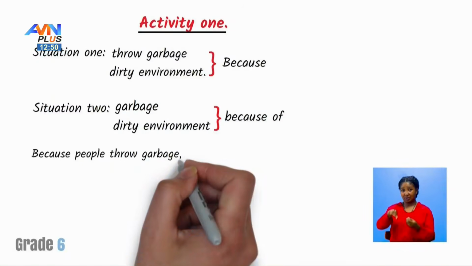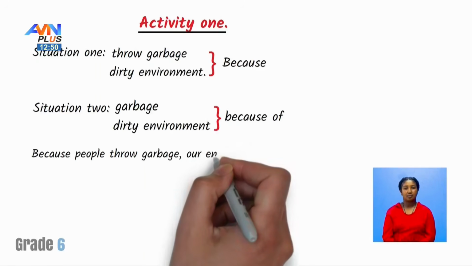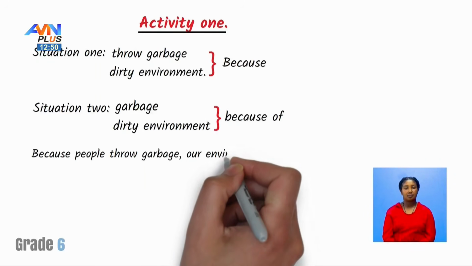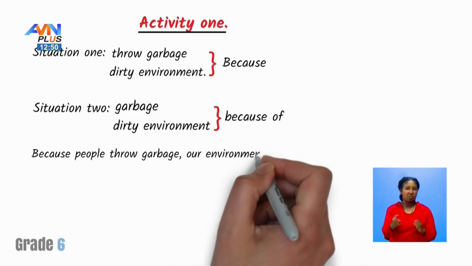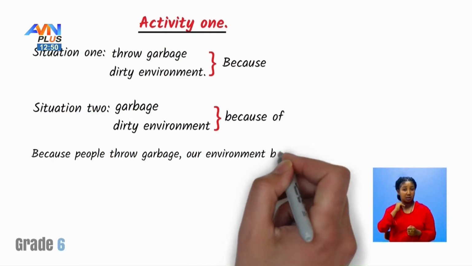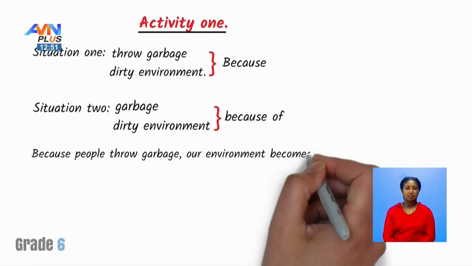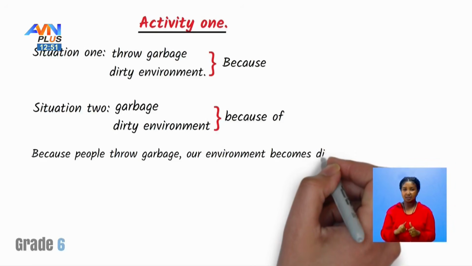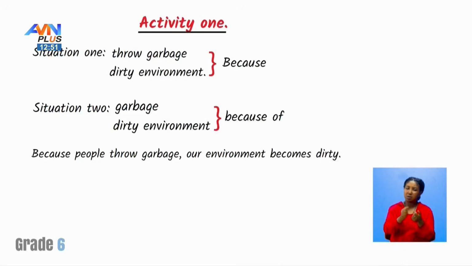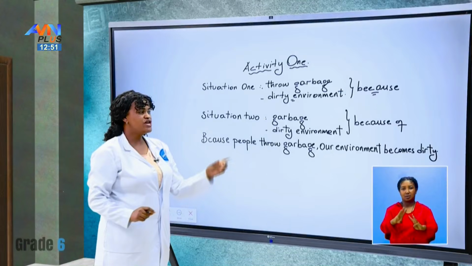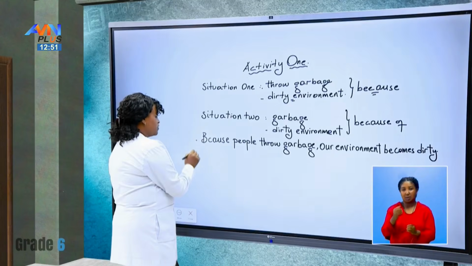Yes, our environment becomes dirty. Here we go. This is for the first sentence. By the way, you can start either way. Either way means what? Our environment becomes dirty. Let me jot it down.